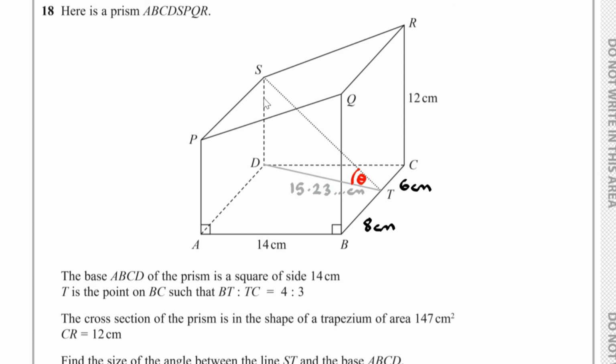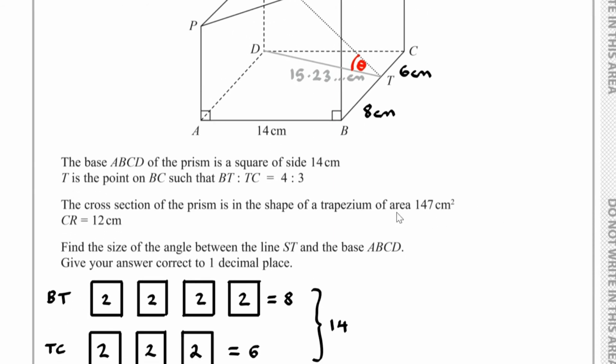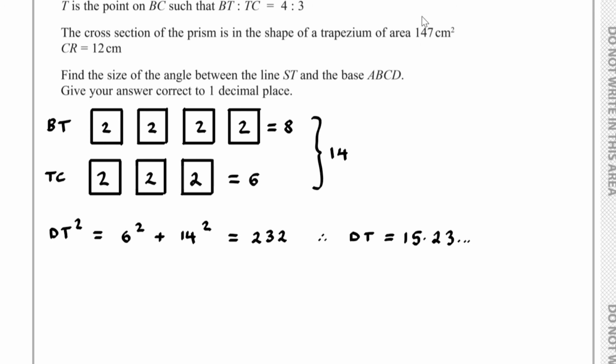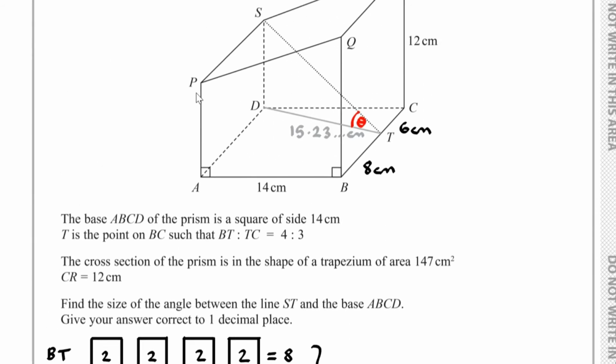Now, first of all, I need to find out what SD is, and I can do that by using the information I know about the area of the trapezium. The area of the trapezium is 147 centimeters squared. To work out the area of the trapezium, I've got 1/2 multiplied by the sum of the two parallel sides.